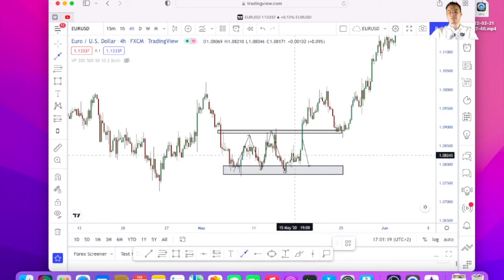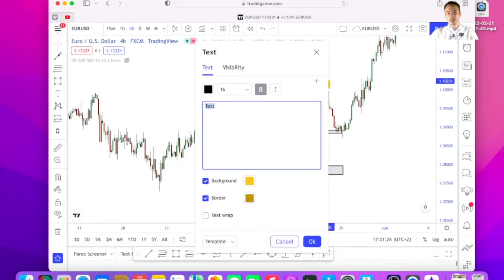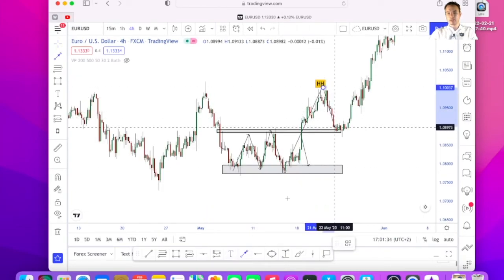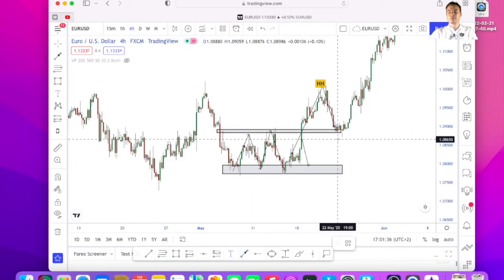As you can see, it broke consolidation, just exactly like the example, made a higher high, okay, came down, made a higher low.